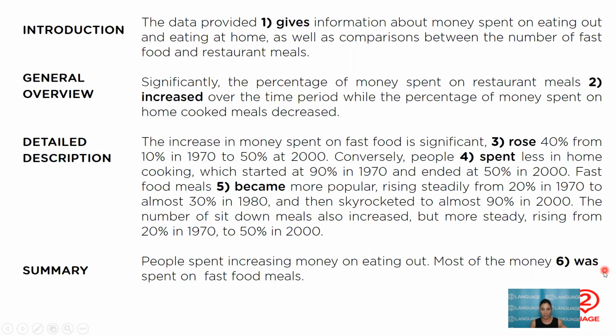Money was spent. Why? We use was for singular nouns. So I was, he was, she was, it was. This is singular. And what did we say before about money? It's singular.